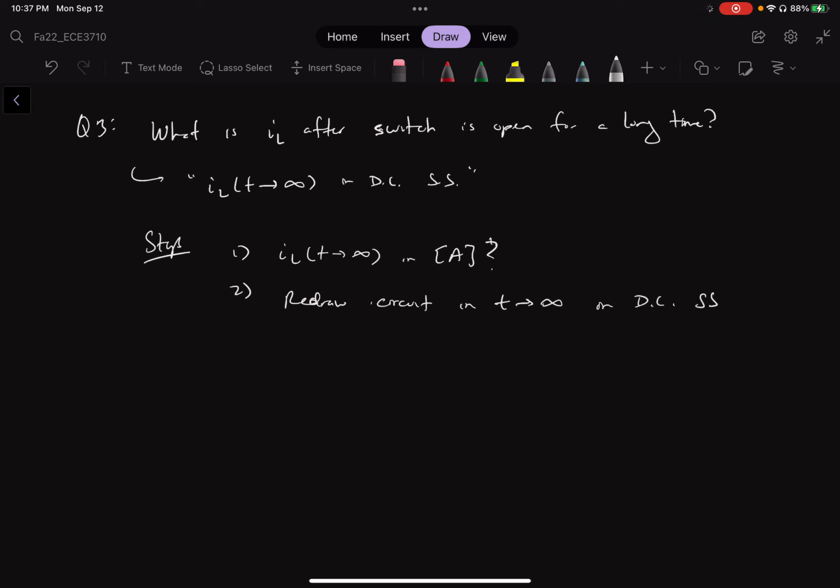So again, we're redrawing the circuit assuming time approaching infinity, and we're in DC steady state. So we have a current source, we have a resistor. The switch has been open for a long time. The inductor is now seen as a wire. Here's my IL, t approaching infinity.